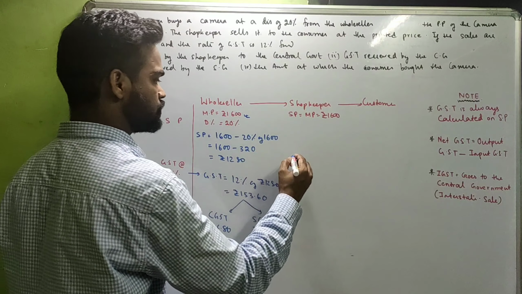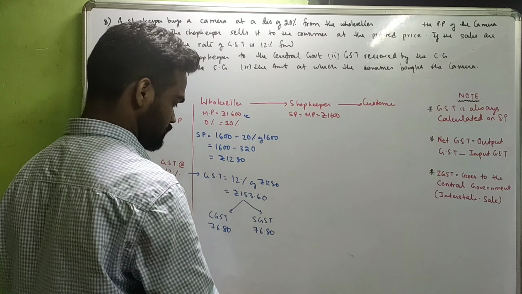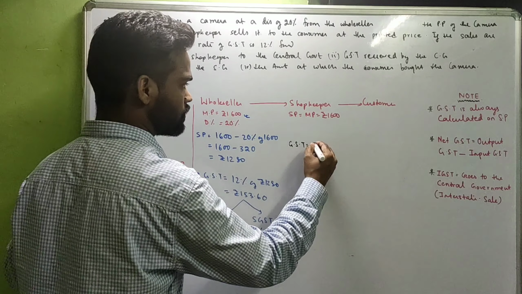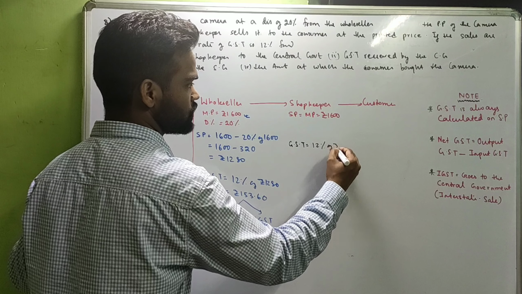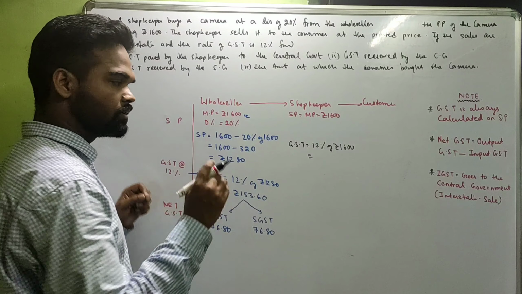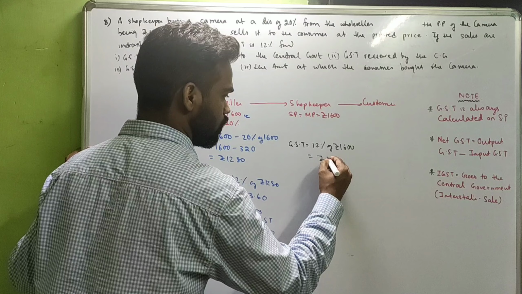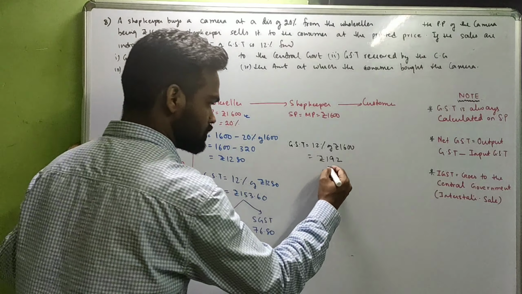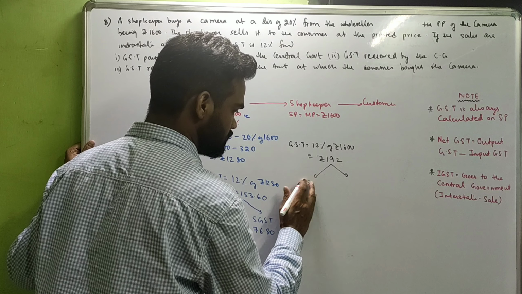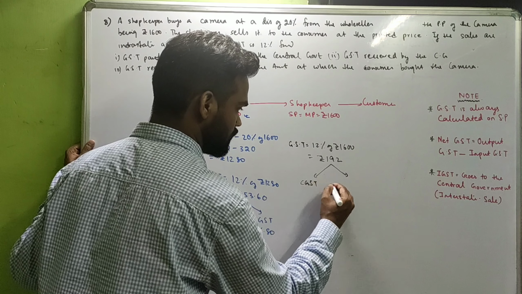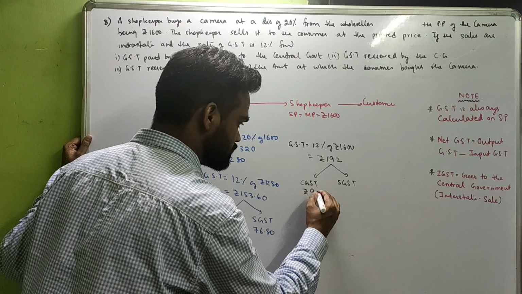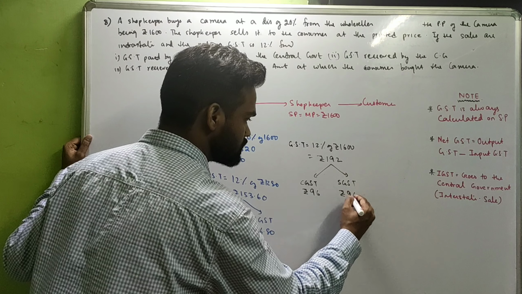Now look for the shopkeeper. Shopkeeper selling price given. So GST over here will be 12% of rupees 1600. That's 12 into 16. That's rupees 192. So this again divides into two parts, CGST and SGST. Half of this is rupees 96 and rupees 96.